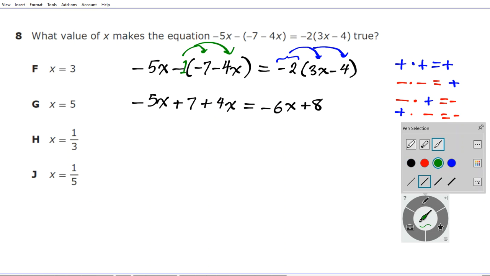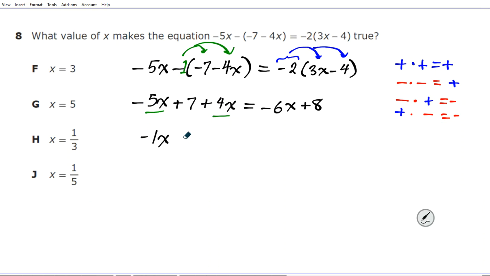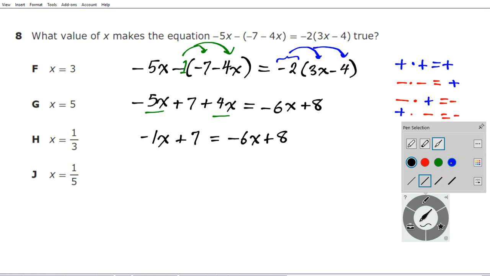What we're going to do next is combine like terms. Negative 5x can be combined with positive 4x. When you're adding or subtracting numbers, if the signs are different, you subtract. So 4 minus 5 is just 1x, and you keep the sign of the bigger one. Negative 5 is bigger, so retain the negativity. Plus 7 equals negative 6x plus 8. Now we're going to collect all the x's on the left side of the equation.